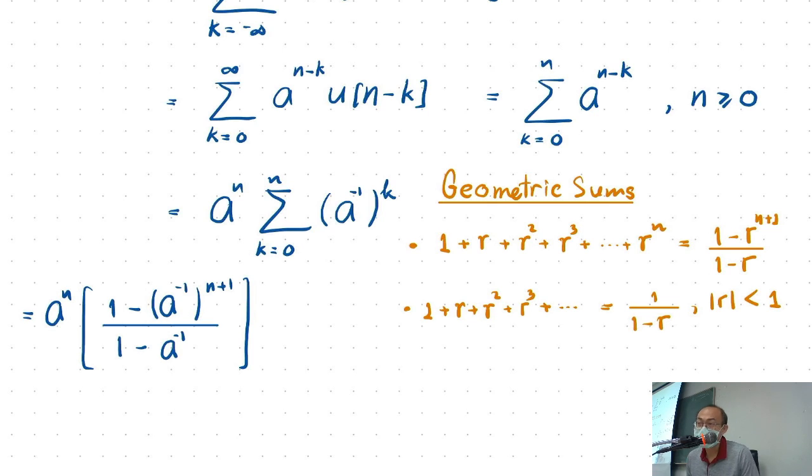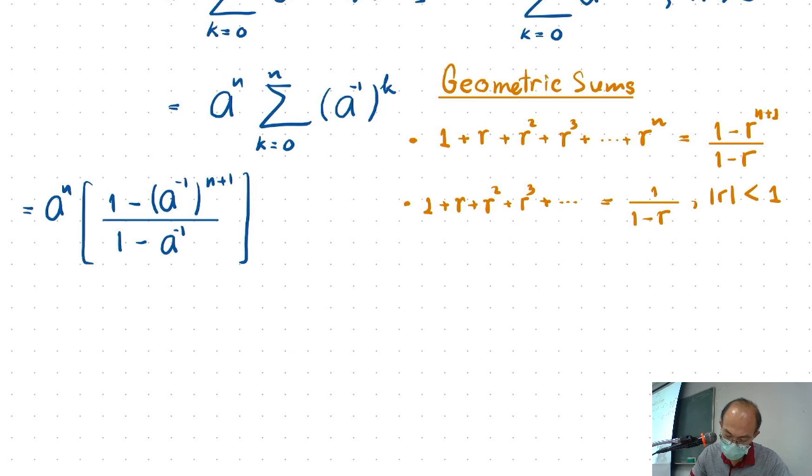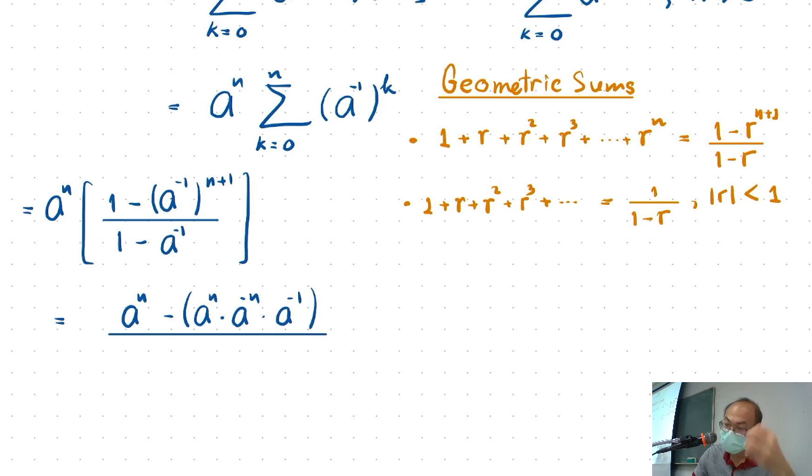And the rest is just algebra, simple and straightforward. You don't have to worry about it. Actually, I have a to the n minus a to the n times a to the minus n times a to the minus 1, divided by a minus 1, and then multiplied by a.